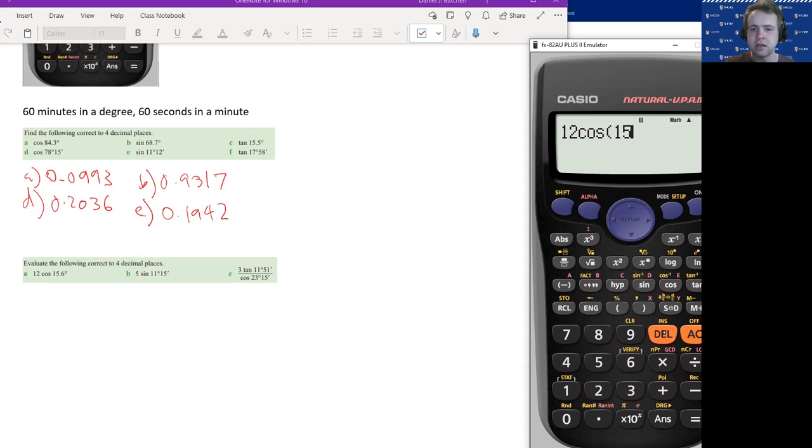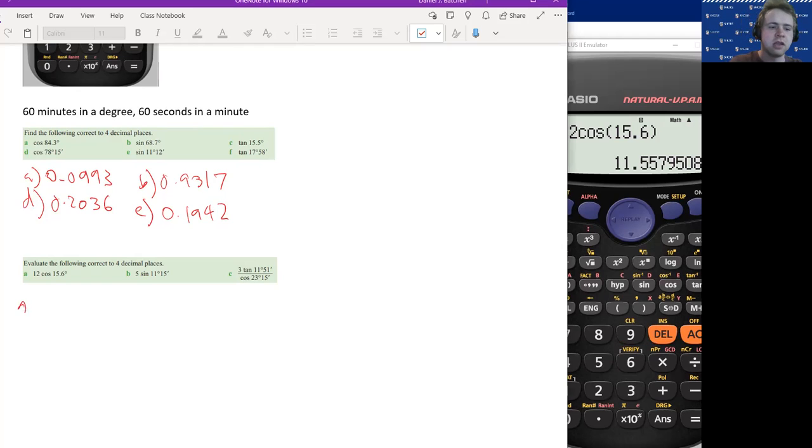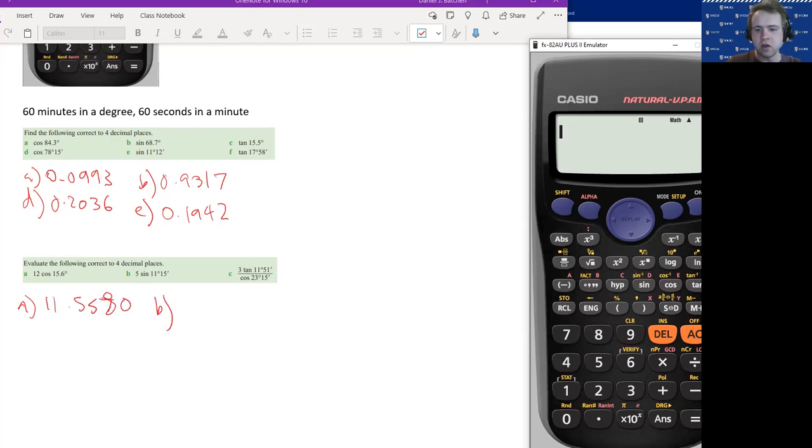You don't have to write the times, and it will interpret that correctly. So that becomes 11.5580, because it rounds up. And then again, we can go 5, and if you want, you can put the times in there. It doesn't matter. Sine 11 degrees, 15 minutes.